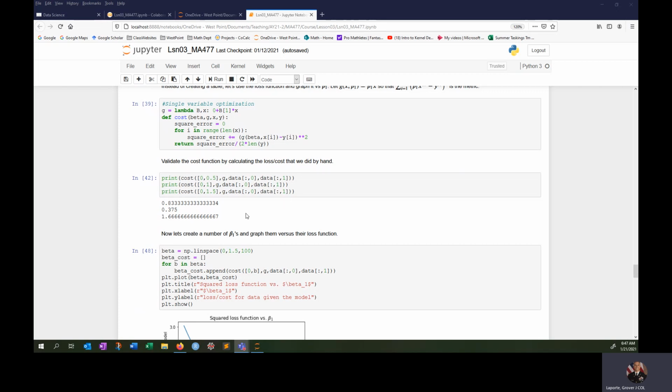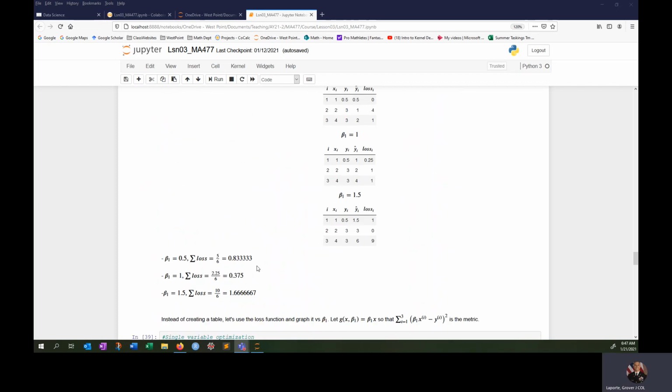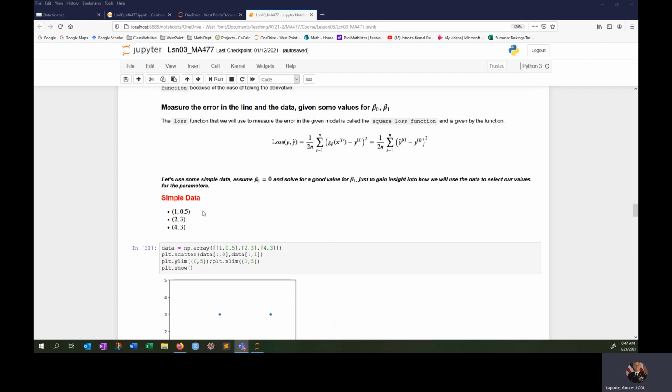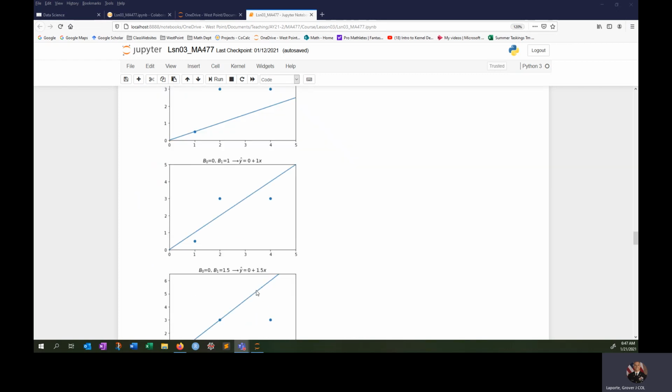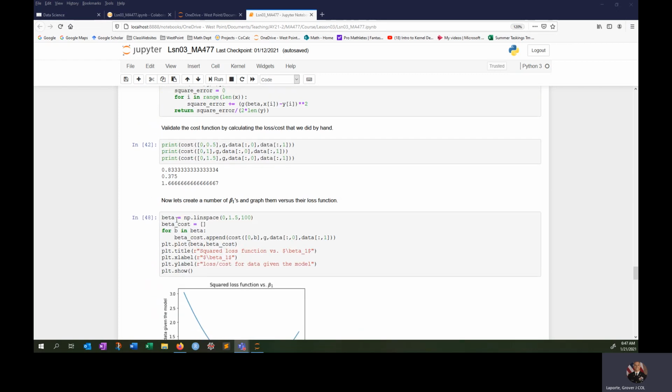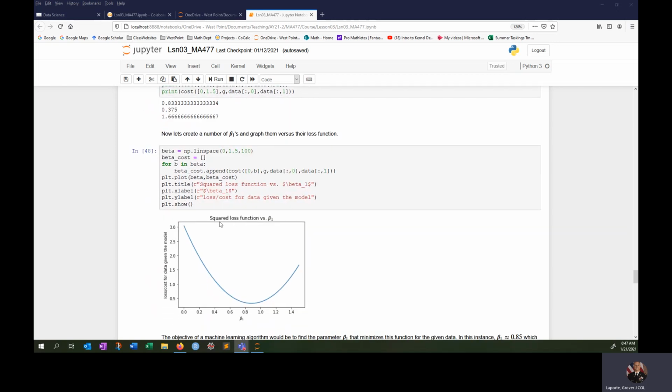But I just wanted to print out these costs using the data. The data here is these 3 points, right? So data is just these 3 points. And then beta is equal to NumPy. Now what I want to do is graph this squared loss function versus beta 1.